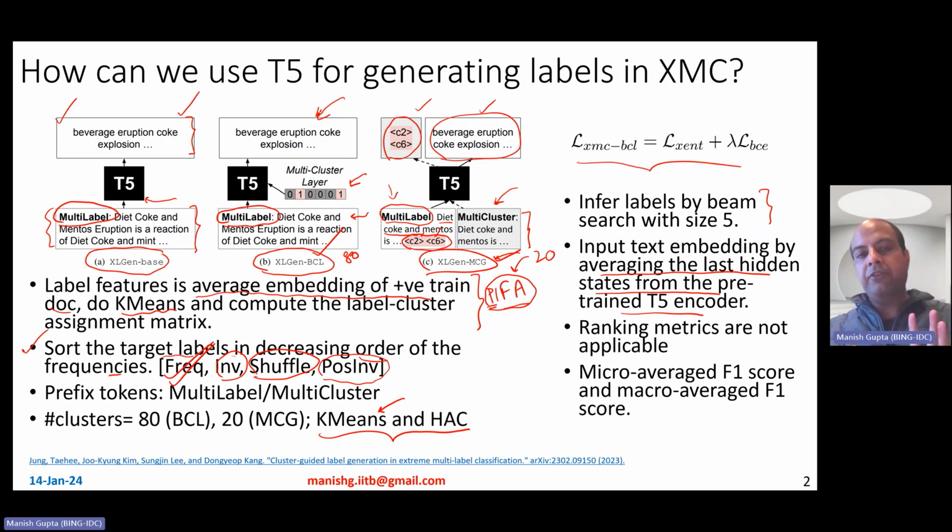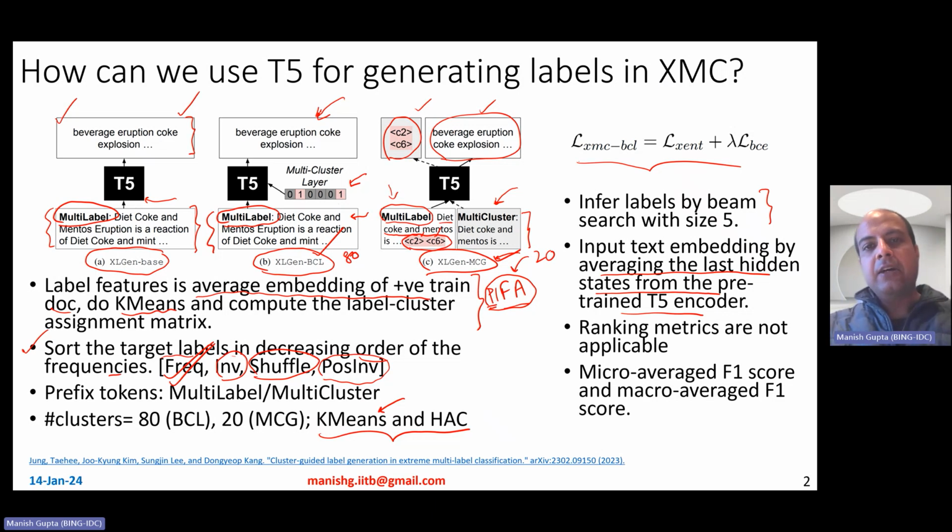So when you give your text input, for every position you get an output from the T5 encoder. You take all of those outputs, average pool them, and use them to predict the multi-cluster output. You do this because the T5 encoder does not have a CLS token. Otherwise, it would be very easy to just use the CLS token for prediction.